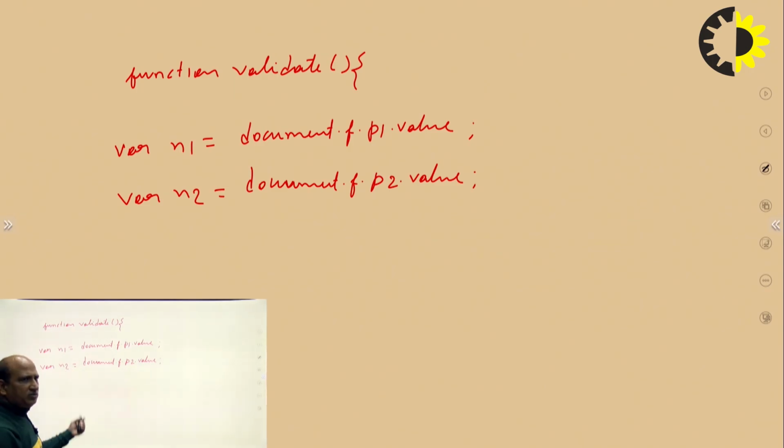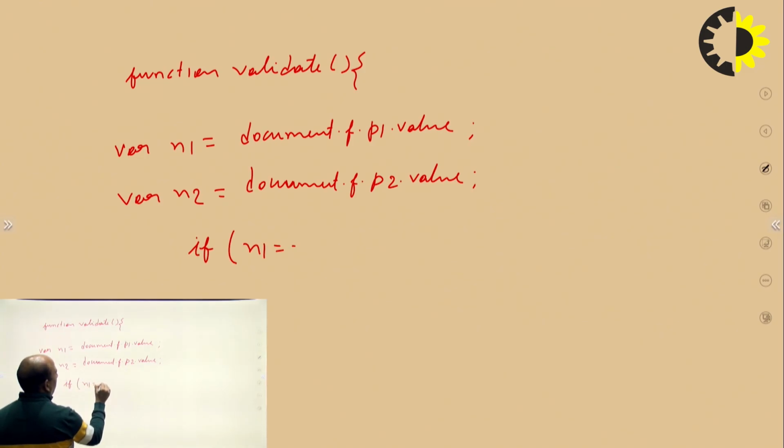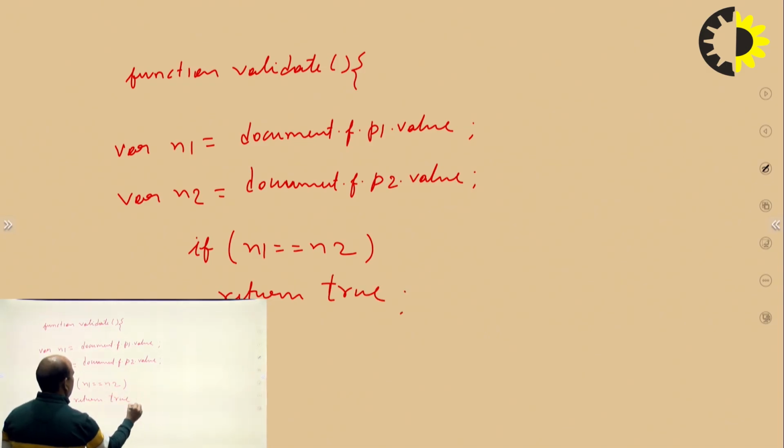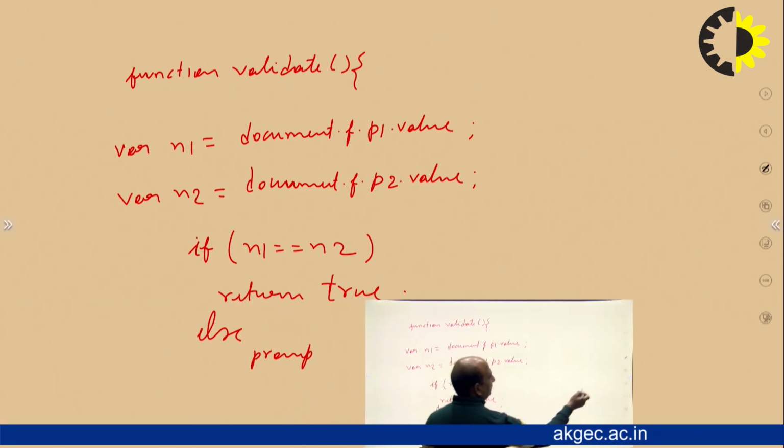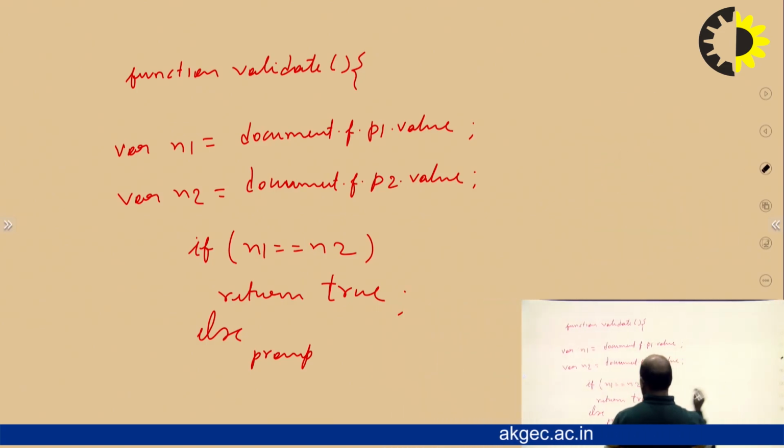Now you have to check whether both the values are same or not. For this I am writing if n1 equals to n2. If these are same, then return true, else prompt alert. We will use the same alert box as we have used earlier.